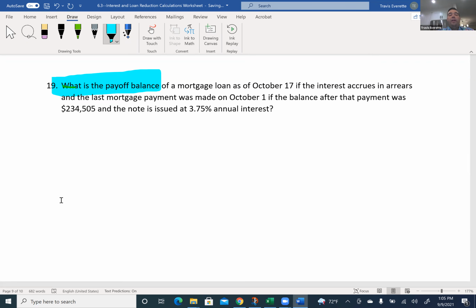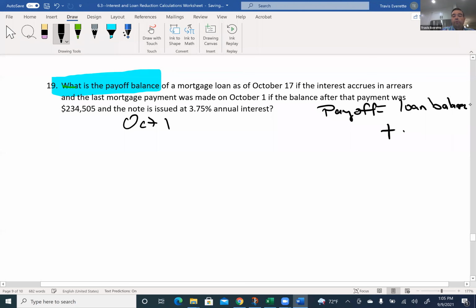If the balance after that payment was $234,505 and the note is issued at 3.75% annual interest. So we know this is going to be from October 1 because its payoff is the loan balance plus accrued interest.